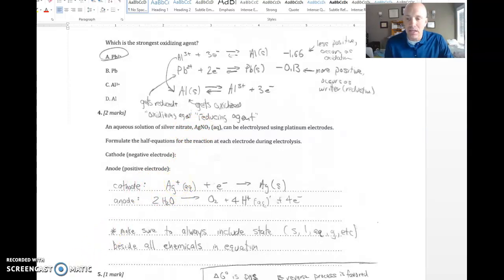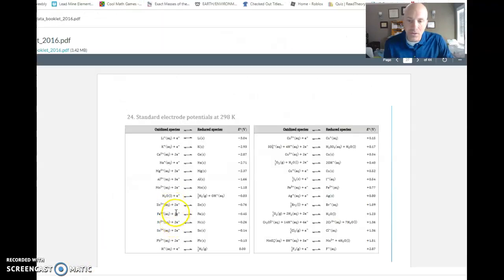And again, if you look at the data booklet, we know that these are the ones that really don't like to get reduced. These are the things that really like to stay in the ion form, for example, sodium ion. You're not going to have sodium metal sitting in water. But the things on the other side, typically the metal atoms that are happy to exist as metal in water, for example, you can have copper metal.